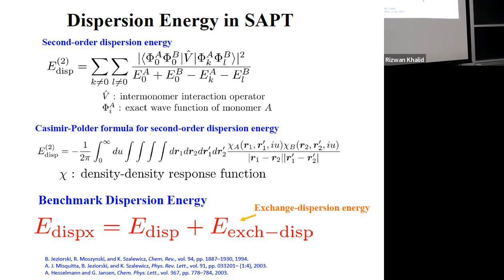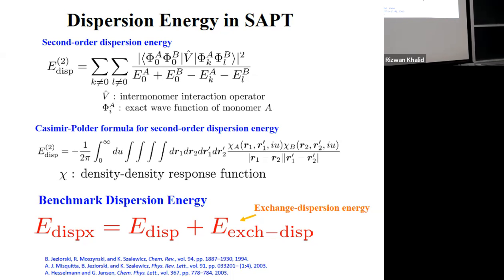So my benchmark dispersion energy, in whatever way the dispersion energy would be calculated later on in this talk, would be compared with the dispersion energy calculated from this expression of symmetry adapted perturbation theory. Actually, one component of it comes from the anti-symmetrization part. If you use anti-symmetric wave functions, you get dispersion energy and then the exchange dispersion energy.